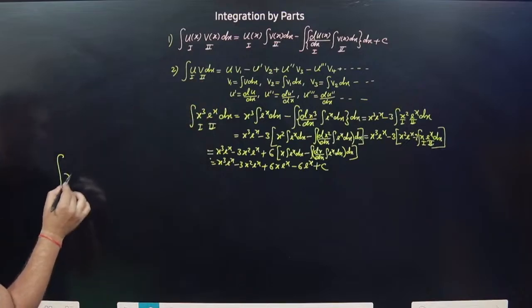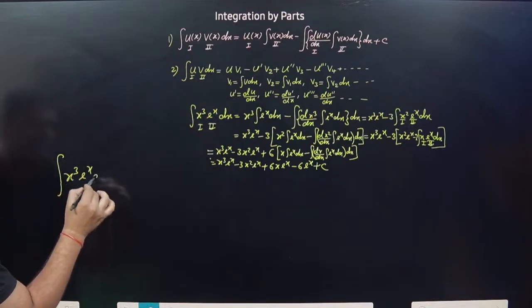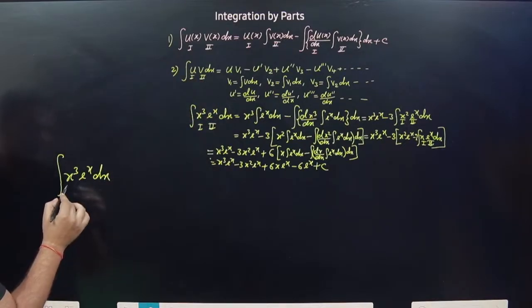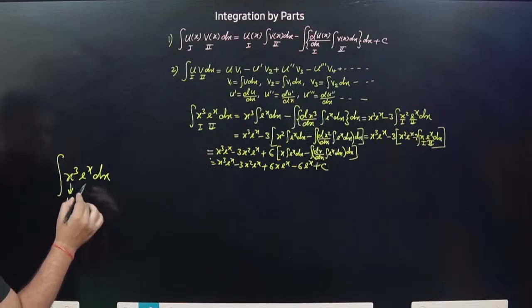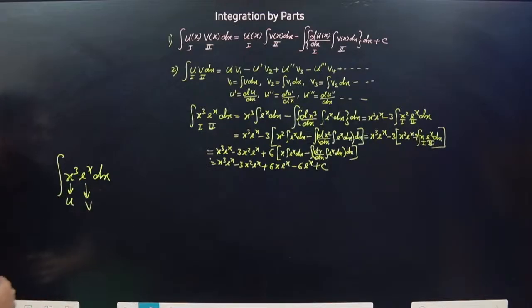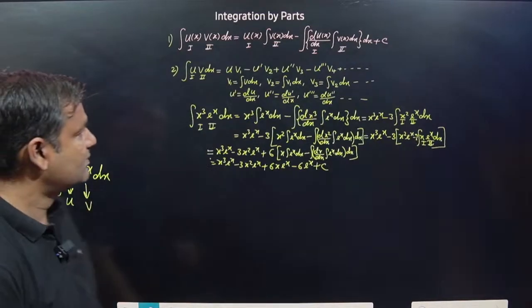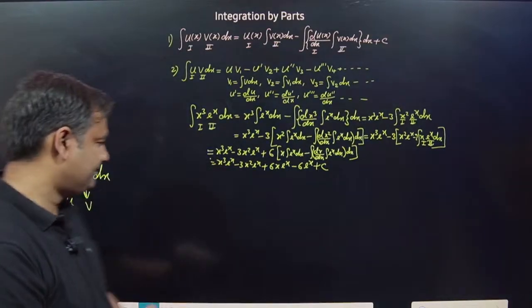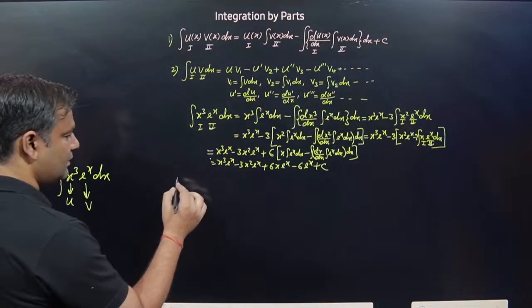Here x cube into e to power x dx, that one is u and that one is v. First determine u prime.